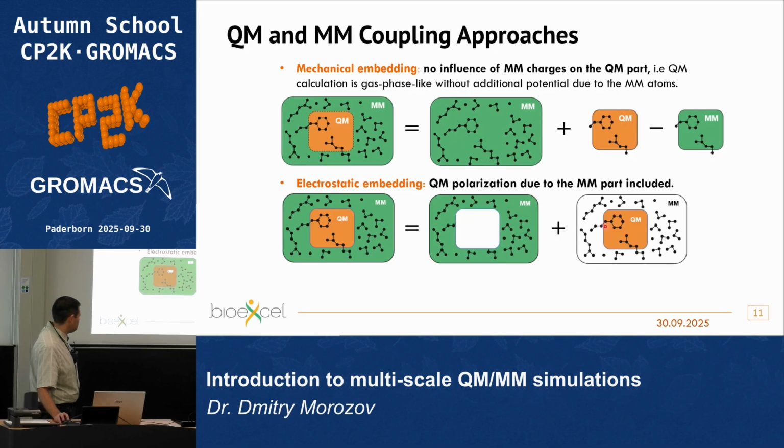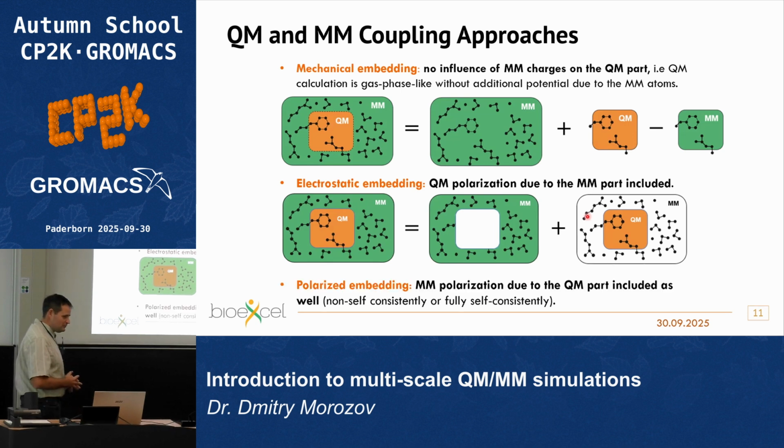And then you add the QM system calculated in a field of partial charges of the MM system. So your Kohn-Sham DFT should have an additional potential, due to external charges predefined by the molecular mechanical force field, acting on your electrons inside the Kohn-Sham equation.